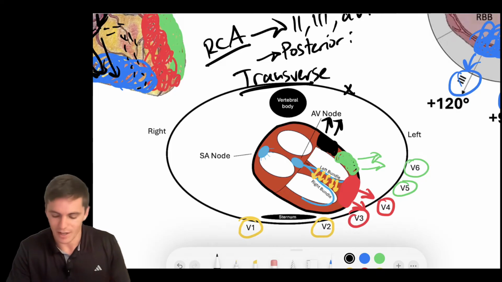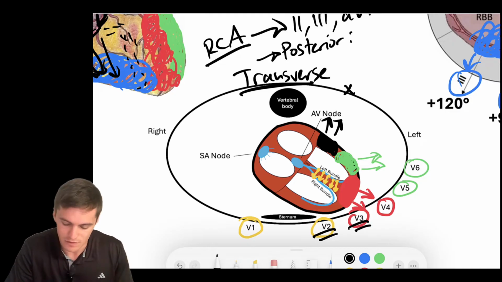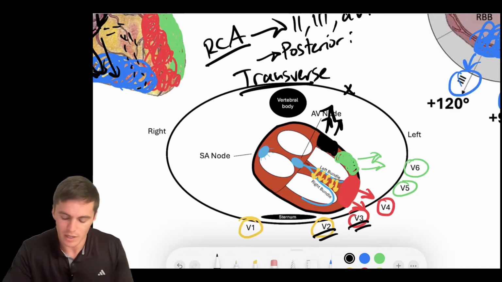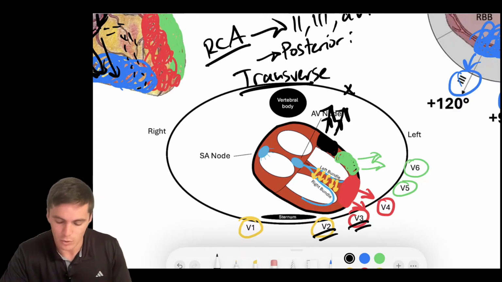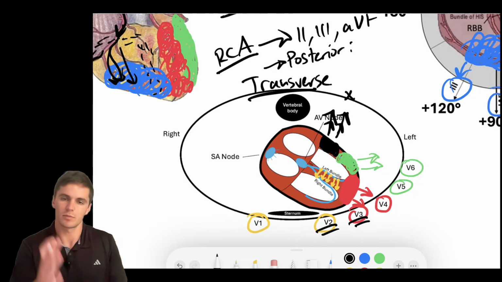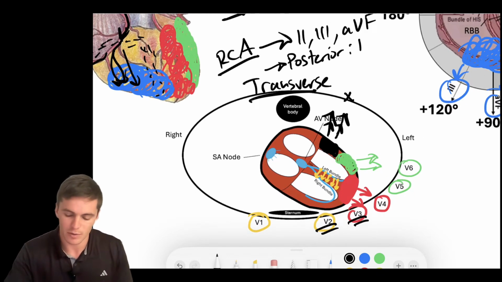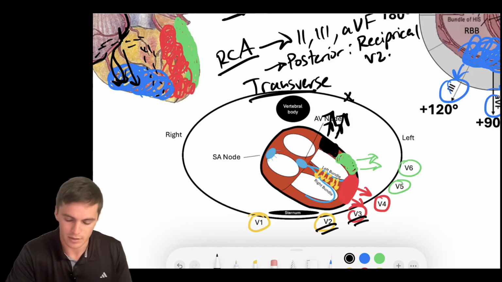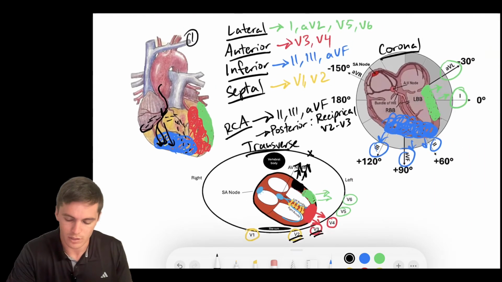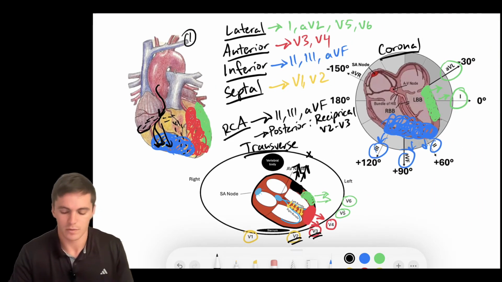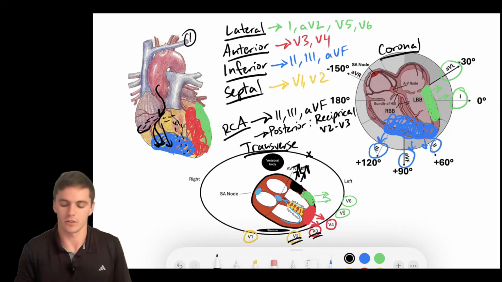But what we do have are leads, such as leads V2 and V3, that are recording opposite or reciprocal changes to the posterior myocardium. So the posterior myocardium is actually represented reciprocally by leads V2 and V3. Okay, so some right coronary artery stuff, we're thinking those leads.